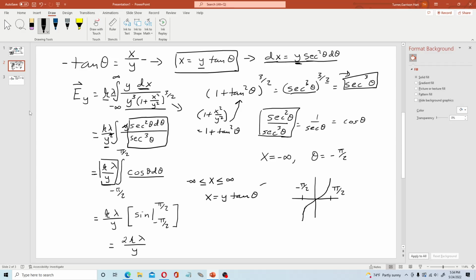So what must theta be when x is equal to negative infinity? Well, if you recall the tan function, the tangent goes to negative infinity when it approaches negative pi over 2.